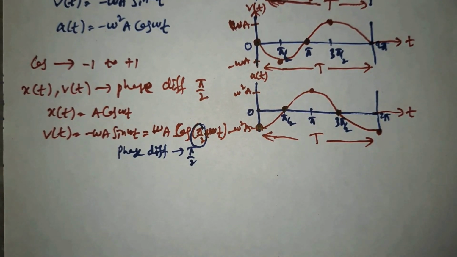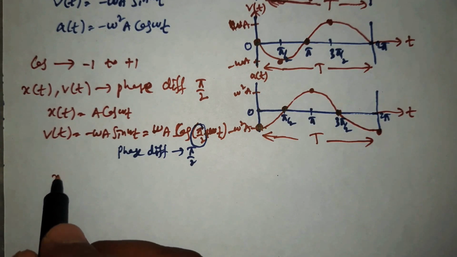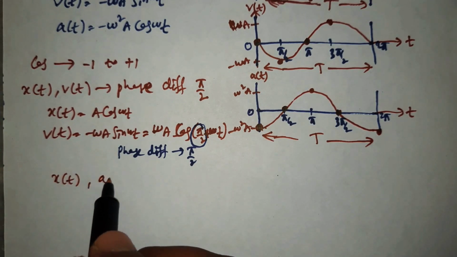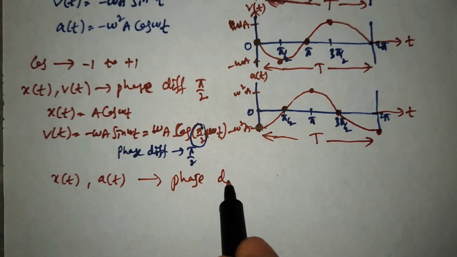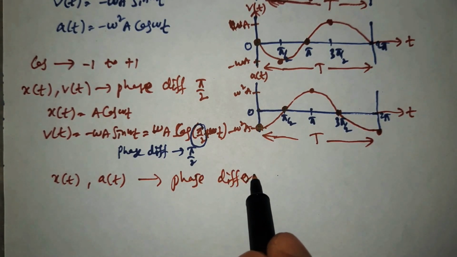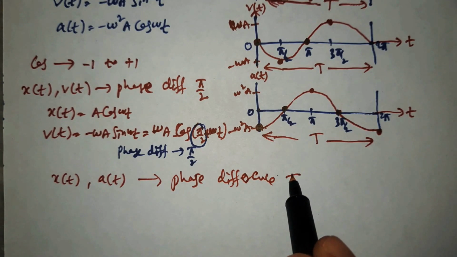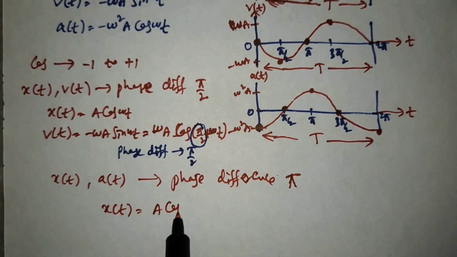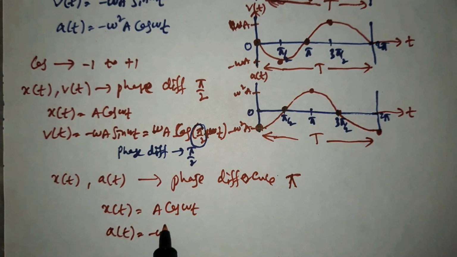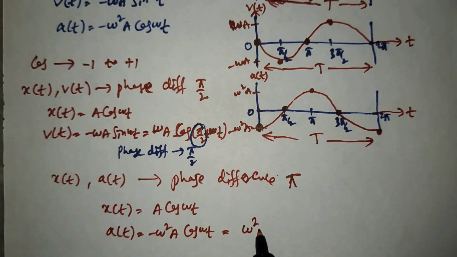So here x of t, a of t have phase difference pi. Here x of t is how much? It is a cos omega t. A of t is what? Minus omega square a cos omega t. So it can be written as omega square a into cos of pi plus omega t.